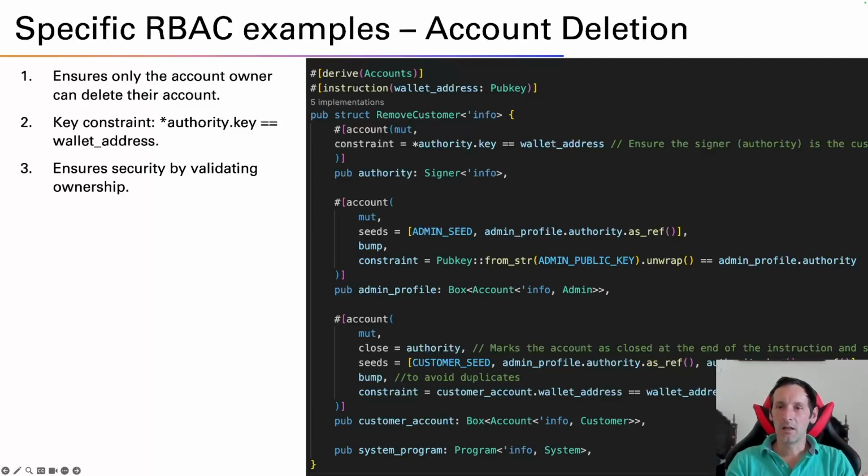What that means is, this is a way to say, if I'm a customer, I cannot ask for someone else's account to be deleted. I can only ask for my own account to be deleted. That's what this constraint is trying to do: you can only ask for your own account to be deleted, no one else's.